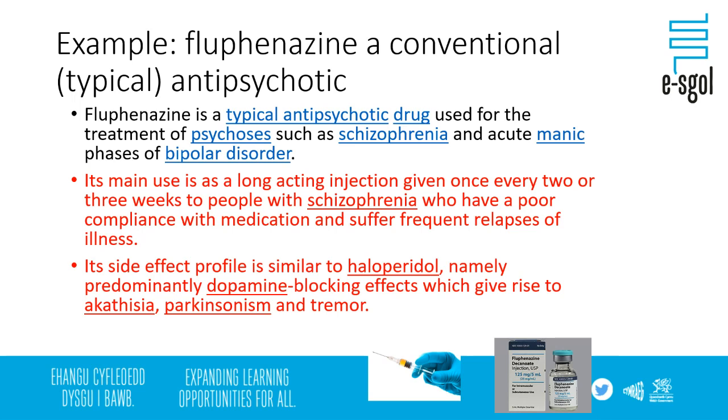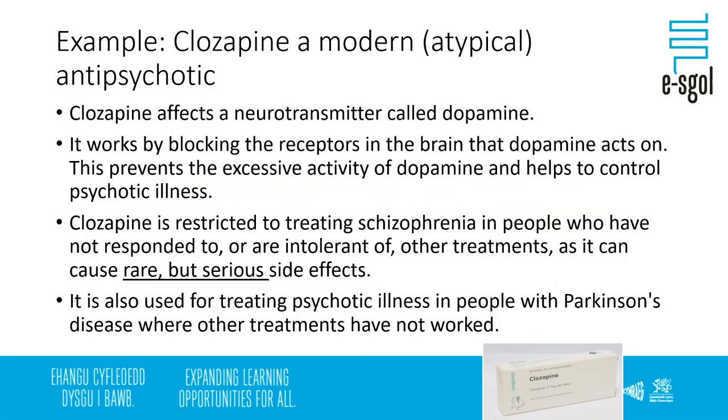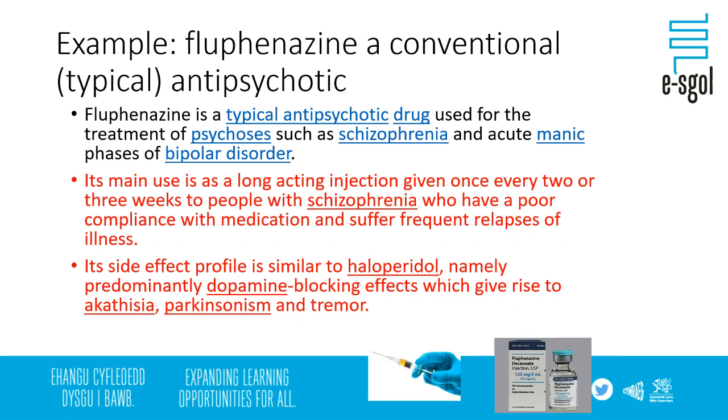So people that either forget or don't want to take medication every day, because that's what you would have to do if you were taking clozapine. Instead, they would get an injection. This has also helped people that are often relapsing, maybe for other reasons, but one of the reasons could be not sticking to a routine with taking medication.